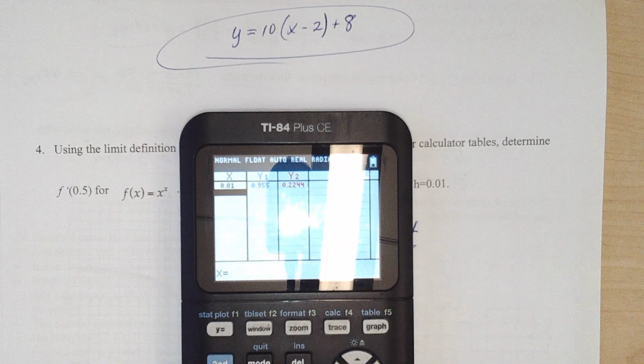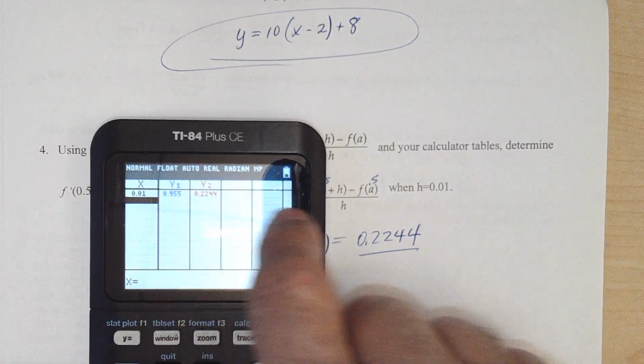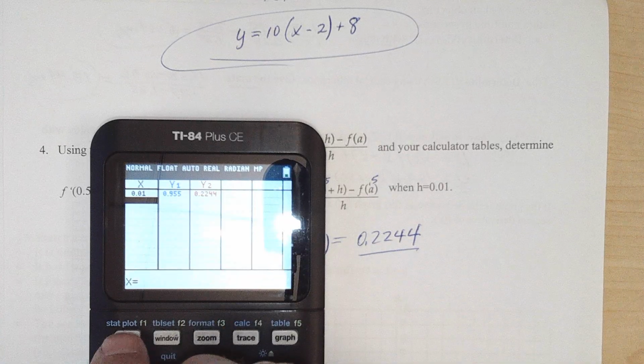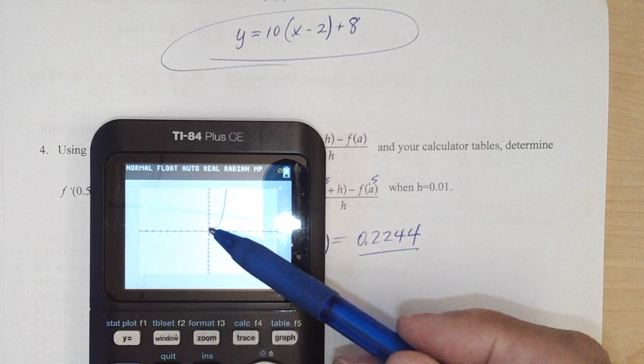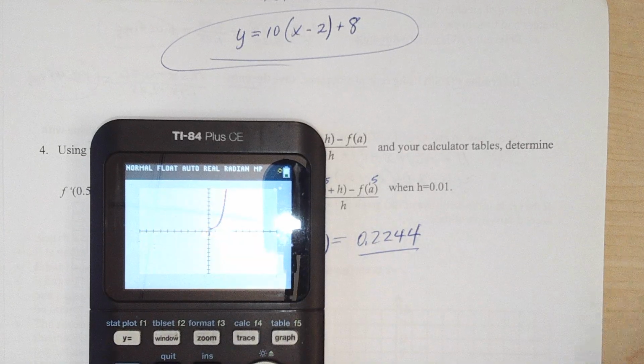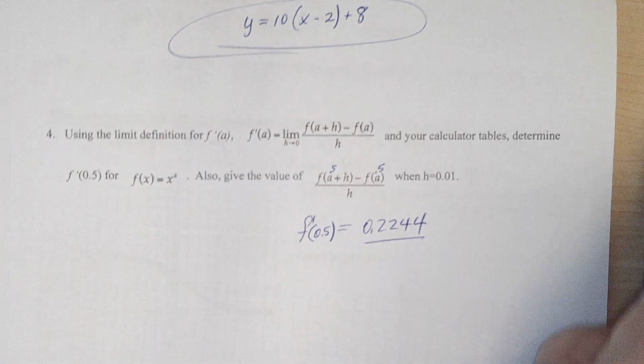We can look at the graph and see if it has about a 0.2 slope. So it's not a very steep graph. At 0.5, it's not very steep in there. I can look closer, but yes, that's the idea.